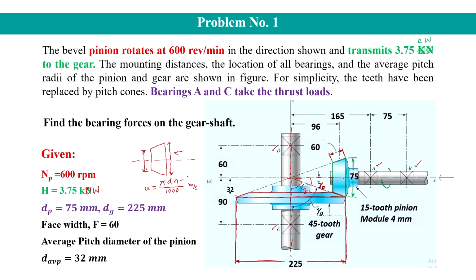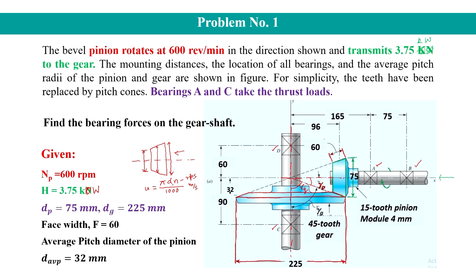This N is RPS, revolutions per second. Now, which diameter we should take? If we take this big end diameter, which is the pitch diameter of the bevel gear, then this V will come high, and when we will take the pitch diameter corresponding to the small end, then it will come smaller. So, what we do is we take the average diameter of the pinion to calculate the pitch line velocity.